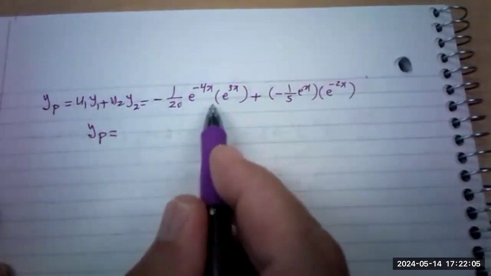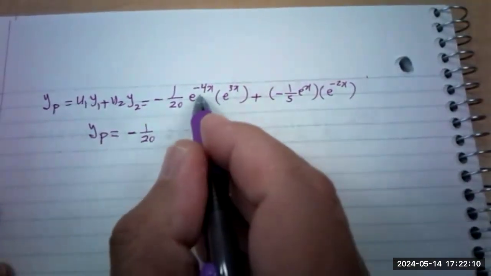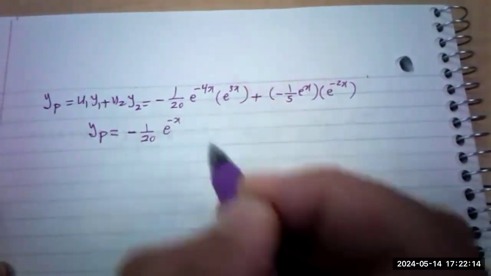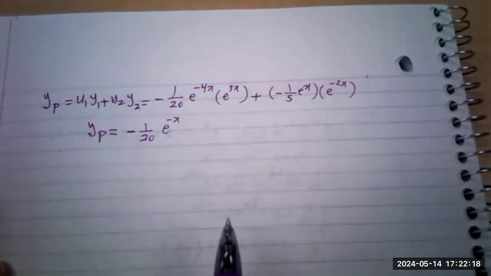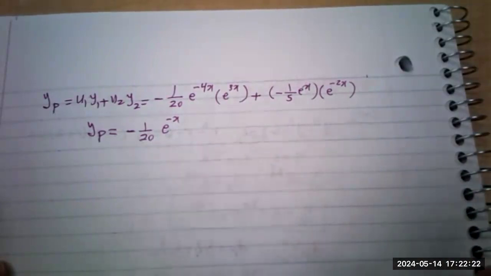So the yp would be -1/20. We have e to the -4x and e to the 3x, that gives e to the -x. Here I have 1/20th, not -1/20th. You had -1, that's a -1/20, because there was a negative inside.